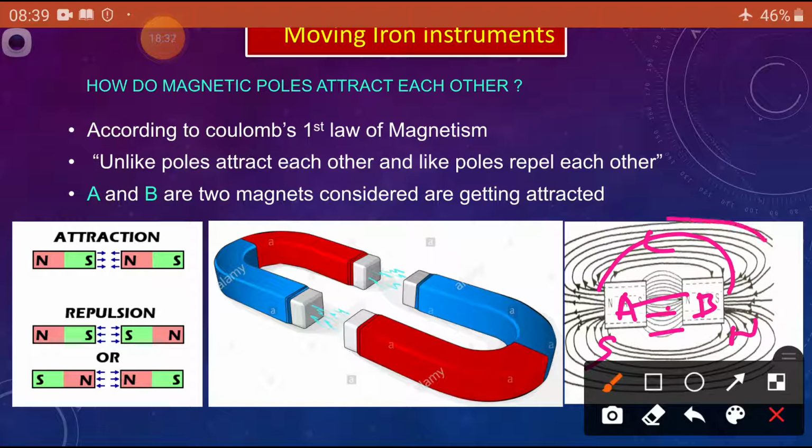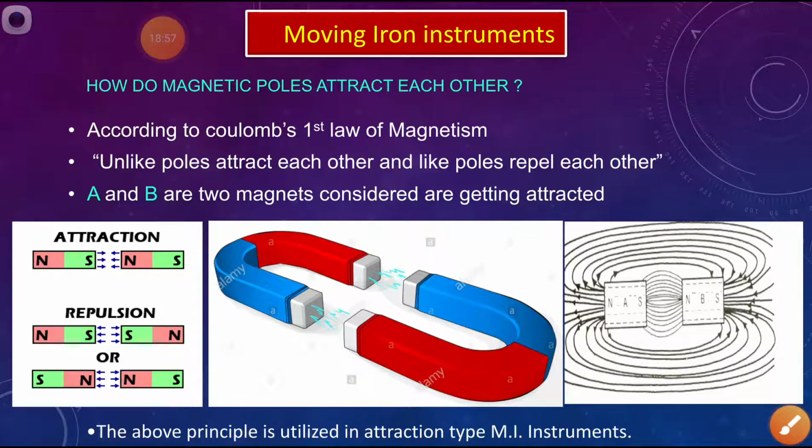This is known as a magnetic field. In between, if you place any type of iron piece or magnet, then automatically a force is created. That force tries to attract that iron piece towards the north pole or south pole. Okay, this principle we are going to use in our instruments.